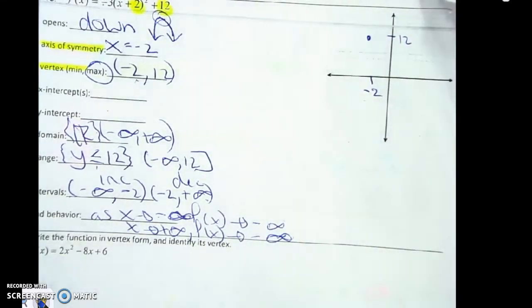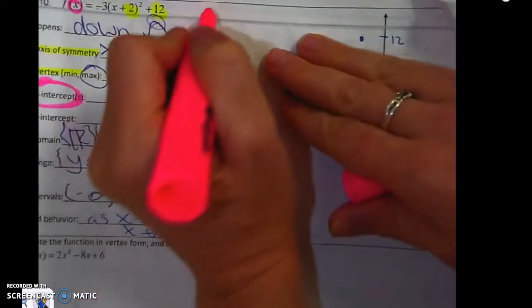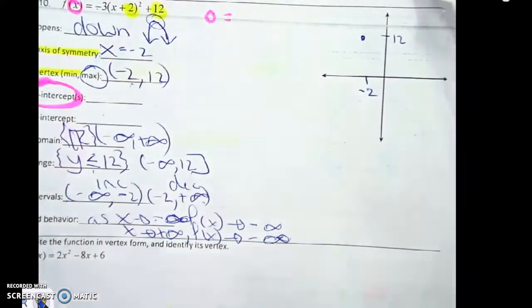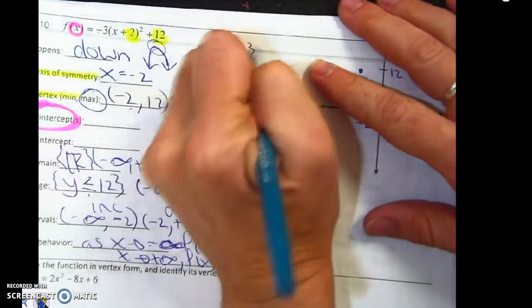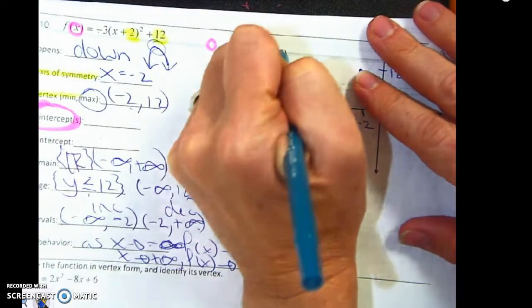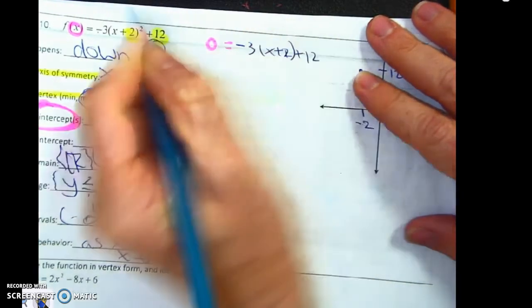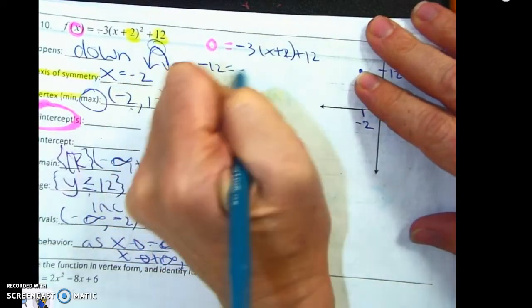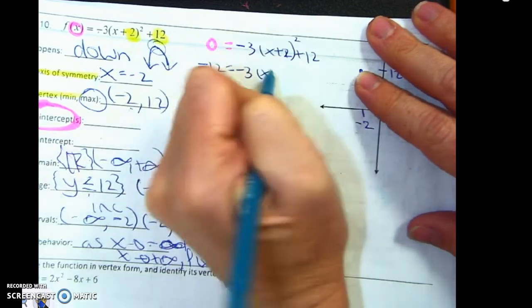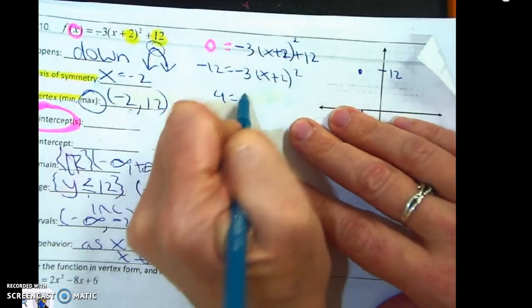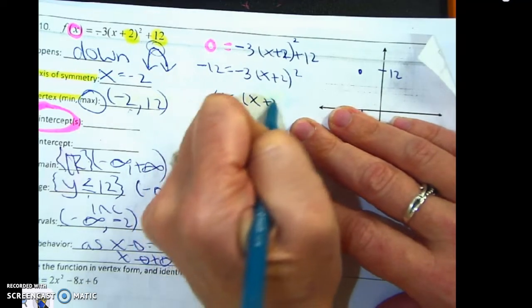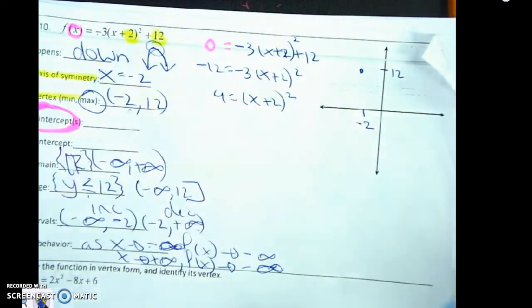That's fine. All right, to get the x-intercepts, I'll set this equal to 0 and start solving. First thing, subtract 12. Next thing, divide by negative 3. Next, square root.